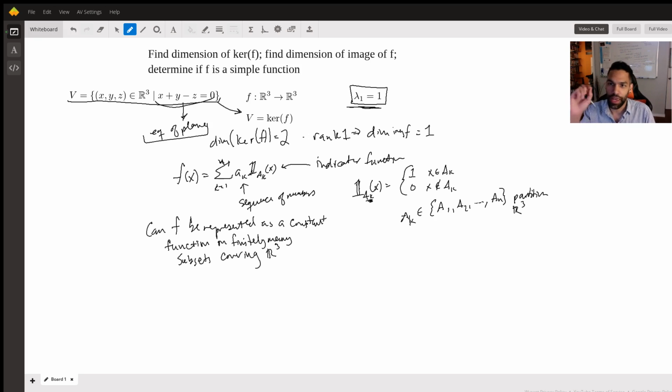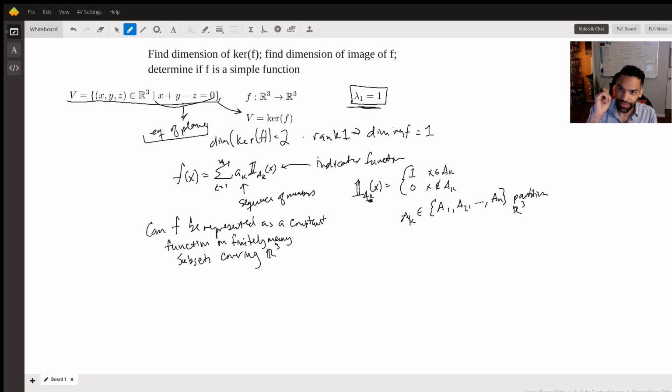So if I had some point and I applied this transformation, that point isn't going anywhere. It's fixed there, and so you can assign that to be constant there.